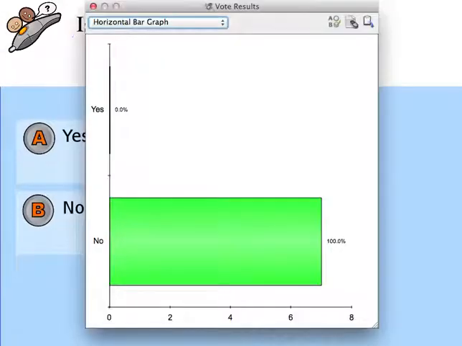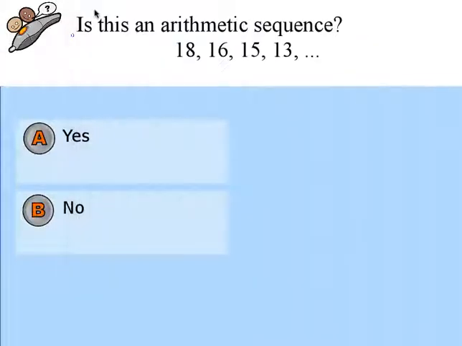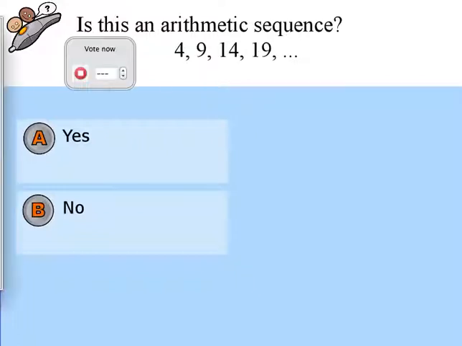Nice job. 100%. Woohoo. So now tell me, why is this not an arithmetic sequence? Because you subtract 2 and then subtract 1 and then subtract 2. Right, you subtract 2 here, and then you subtract 1, so that automatically ends it right there. Okay, you can't switch. If you start by subtracting 2, you got to subtract 2 every time. Okay, what about this one?